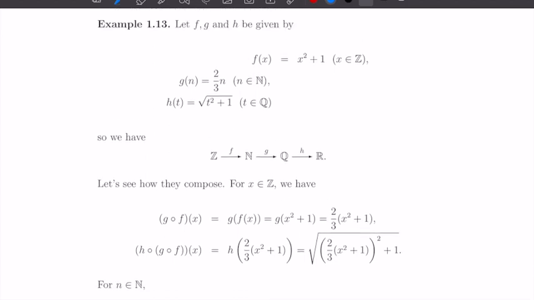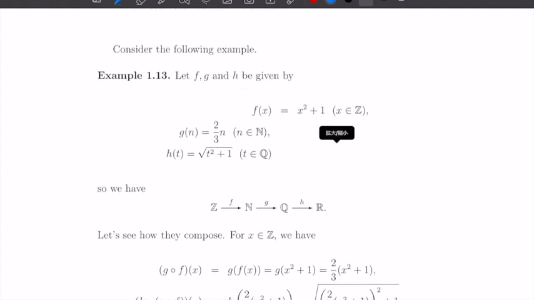Let's define f as this. So x is an integer, f of x is x squared plus 1, and g of n is 2 over 3 times n, where n is a natural number, and h of t is the square root of t squared plus 1, where t is a rational number.